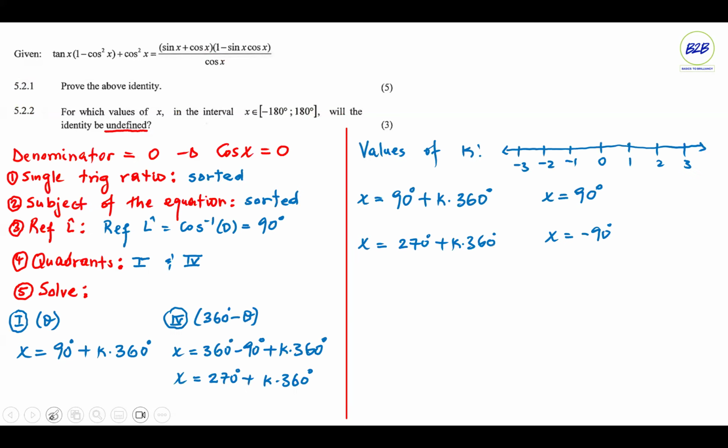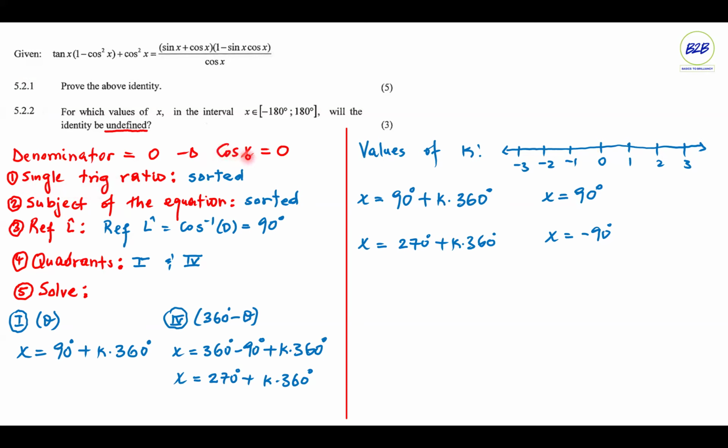I do hope and believe that you have taken some time to attempt this problem. So the hint here is that the expression or identity must be undefined. When does that happen? When the denominator is equal to 0. So specifically, what does that mean? The cosine of x at the denominator must be equal to 0. And then we determine the general solution. The first step, single trigonometric ratio.